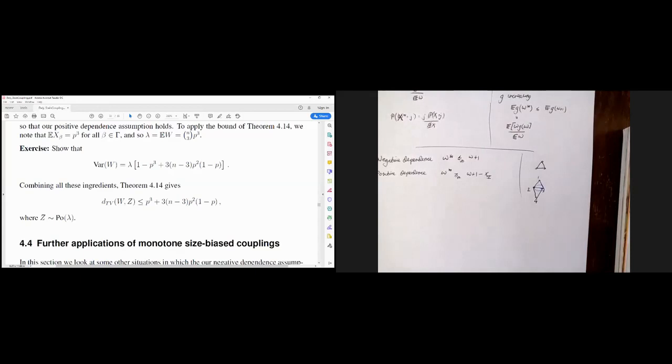So for example, if I take p to look like a constant divided by n and let n get large, then what I've got here will end up looking like a constant over n term, which will go to 0, and a constant over n cubed, which will go to 0 as well. So if p looks like c over n for some constant c, then that upper bound is going to go to 0.